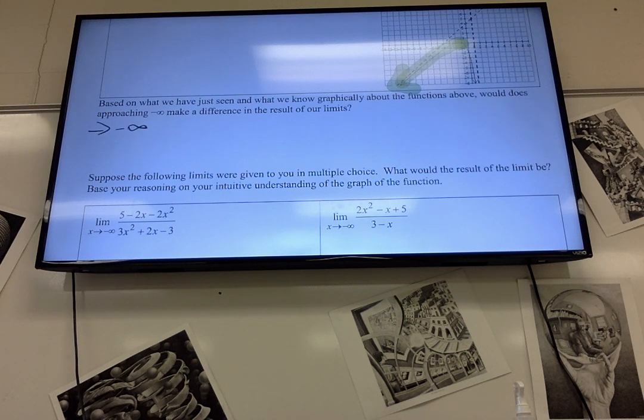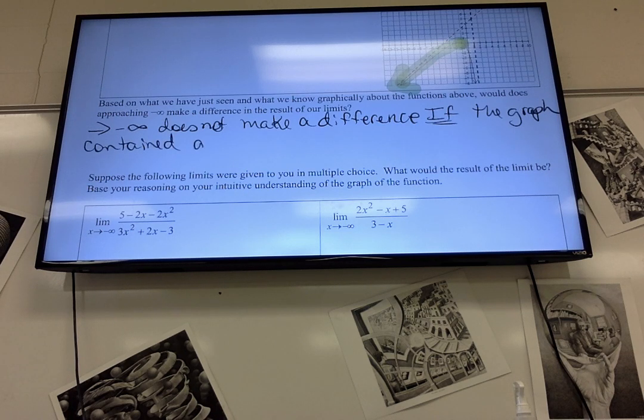So approaching negative infinity does not make a difference if the graph contains a horizontal asymptote, but if we approach negative infinity, it does make a difference if the graph contains a slant asymptote.